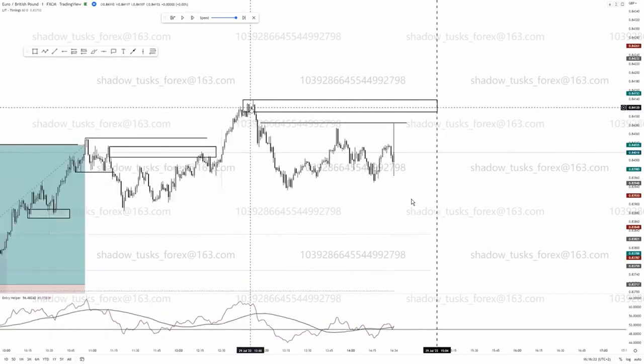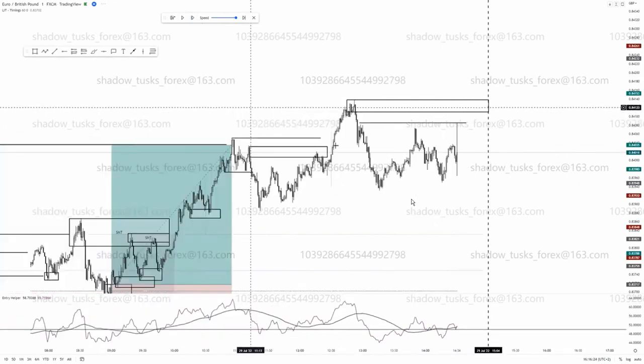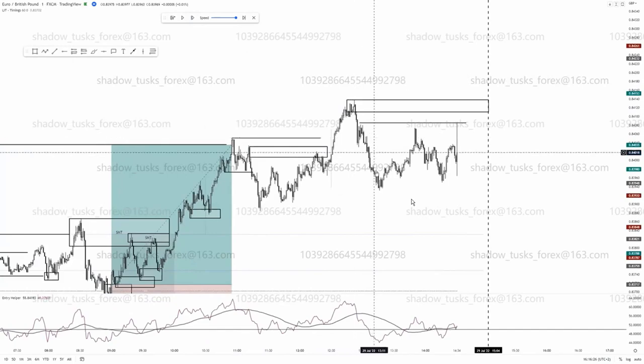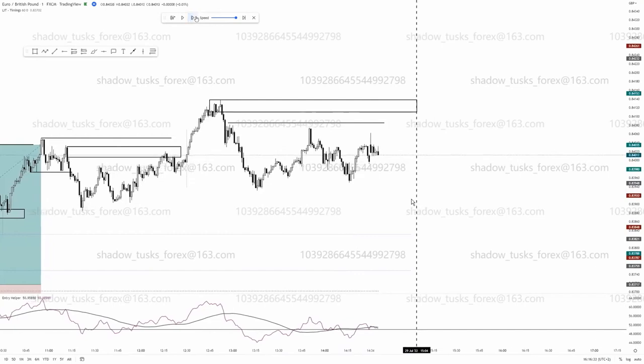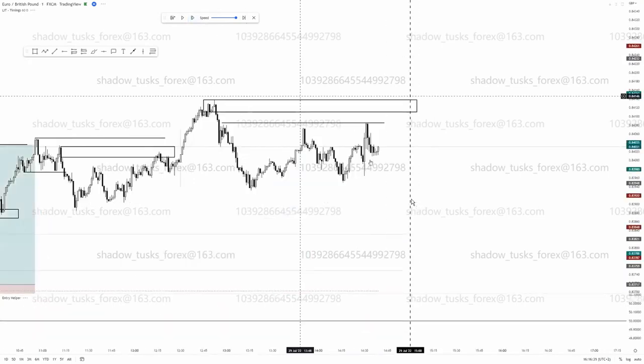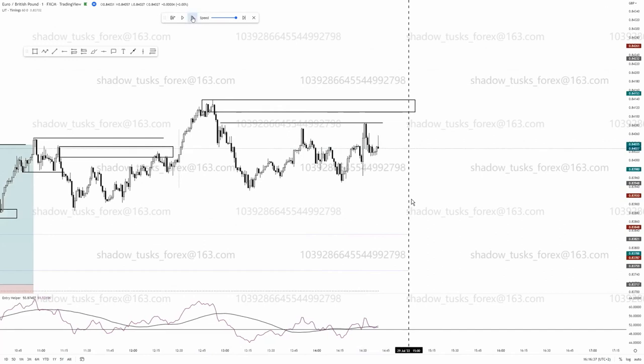And this inducement here, yes, it happened at MM2. We've given the pullback from it, and New York Open is now providing the bullish move.